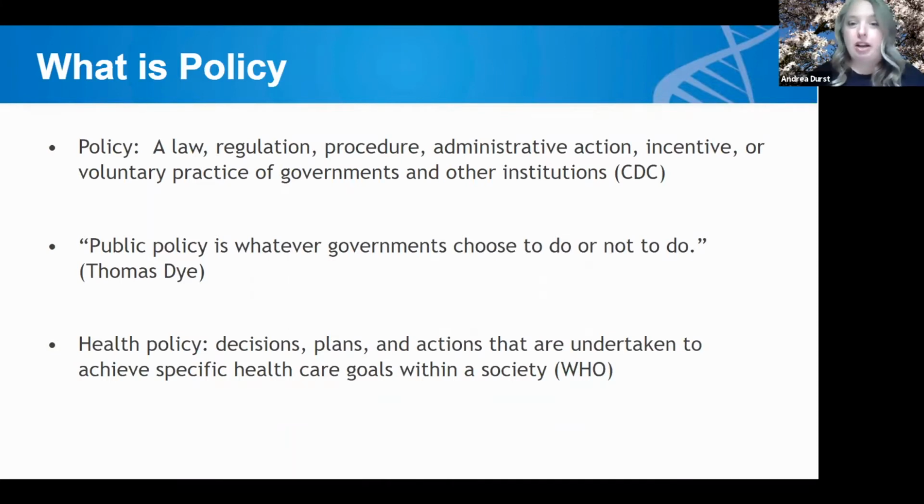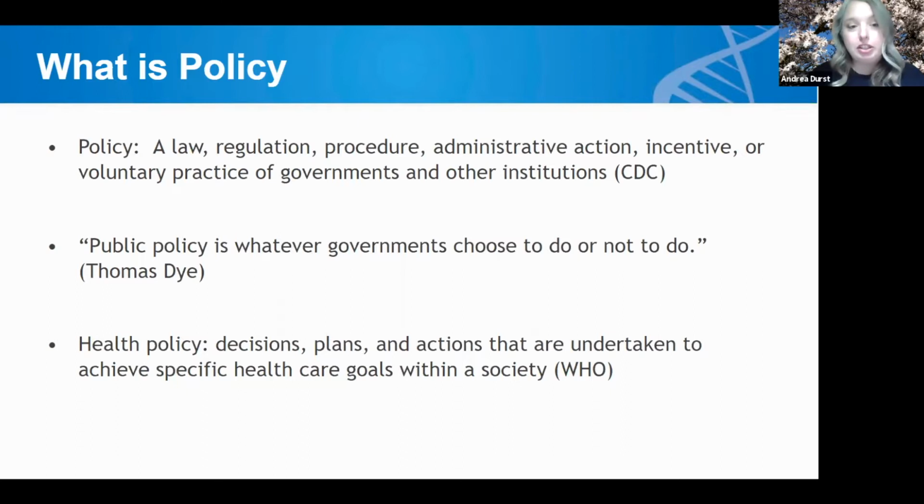This also applies a lot of times in the case of funding. So, if a government chooses not to provide funding to support a specific policy or program, that choice can really affect whether or not that is implemented or enforced.